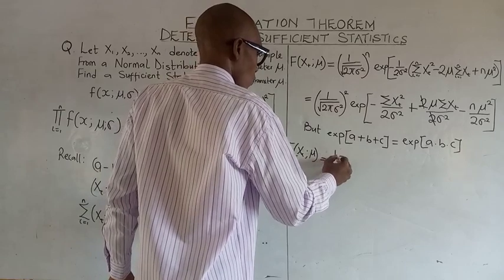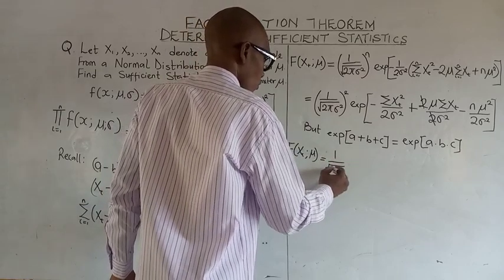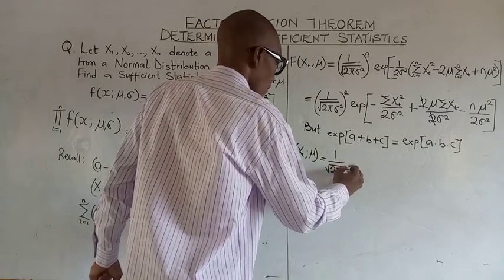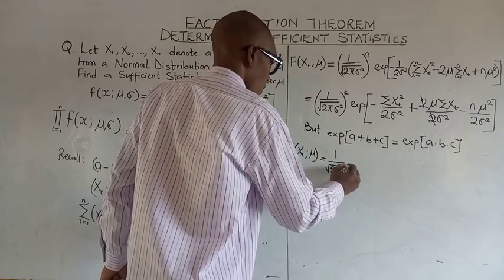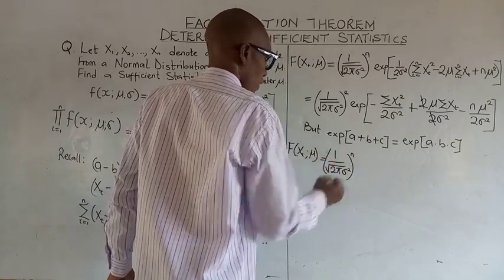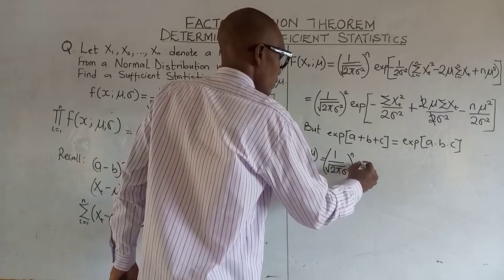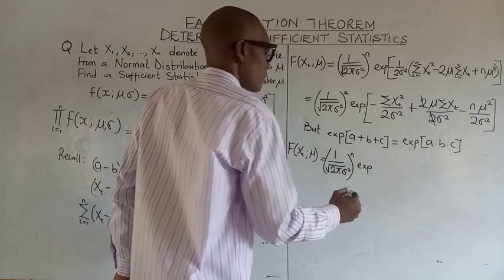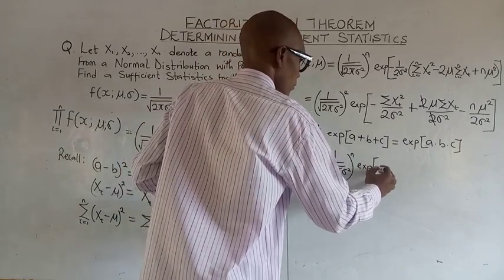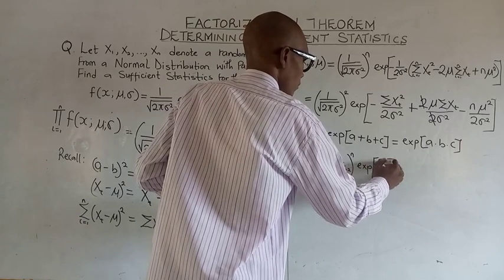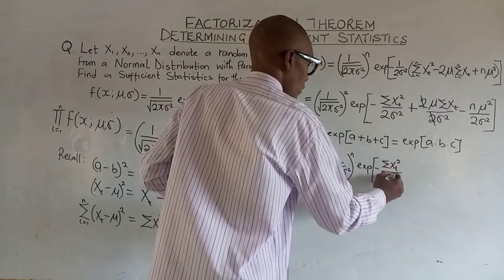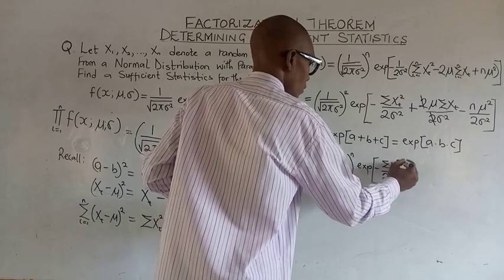We'll be left with 1 all over square root of 2 pi sigma squared to the n, exponential summation of x_i squared all over 2 sigma squared.